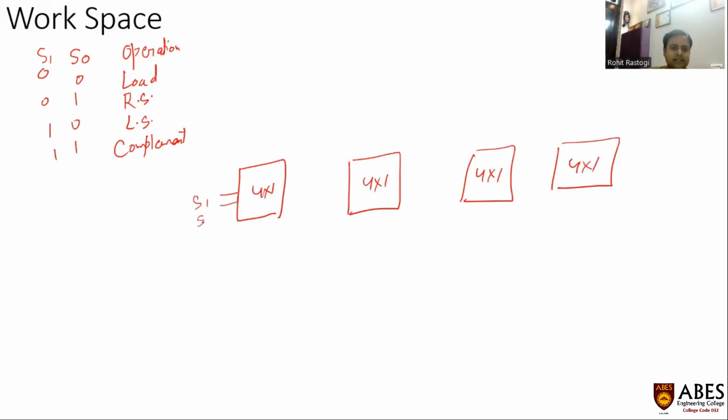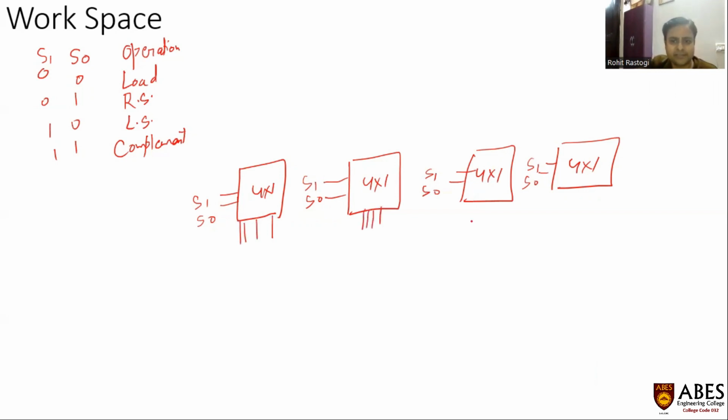There are 2 selection lines in each multiplexer, S1, S0, S1, S0. So all these selection lines are being passed parallelly to all these multiplexers. Now, there are 4 inputs which can be given into each multiplexer, and we will do connections one by one.